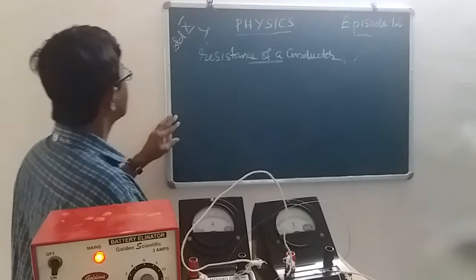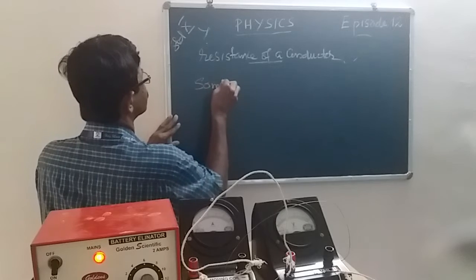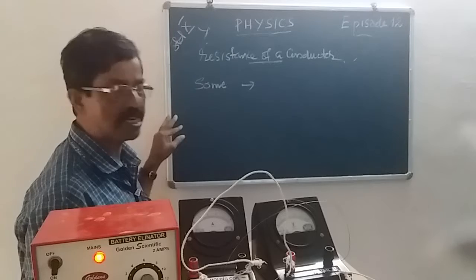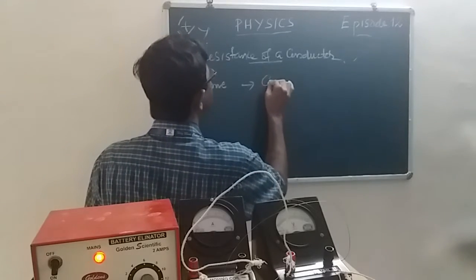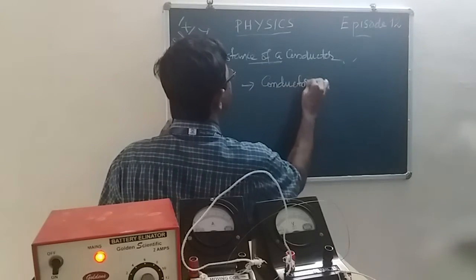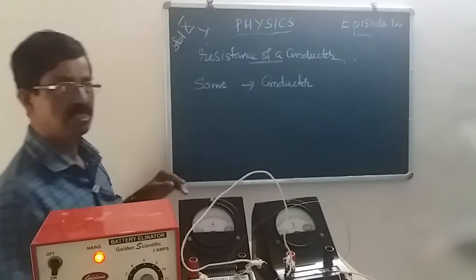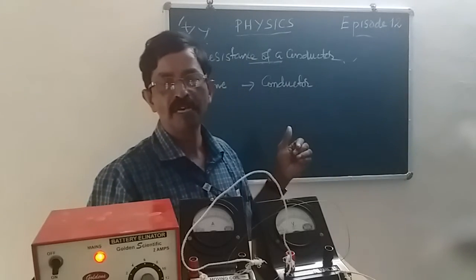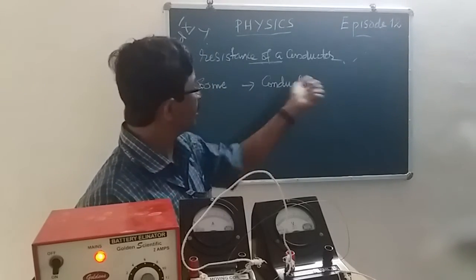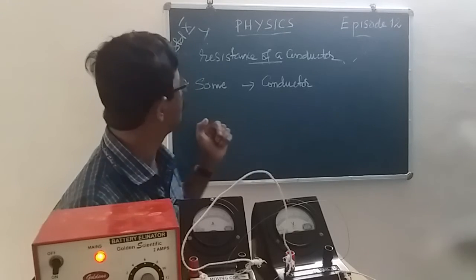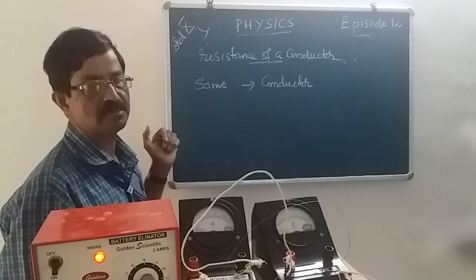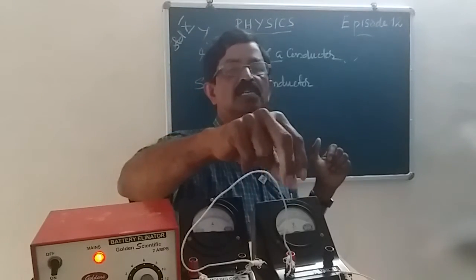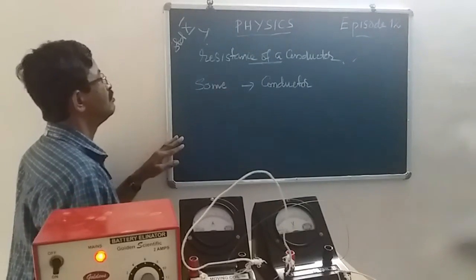Some materials allow current to pass through them easily, and such materials we call conductors. But a material like this nichrome wire offers some opposition.